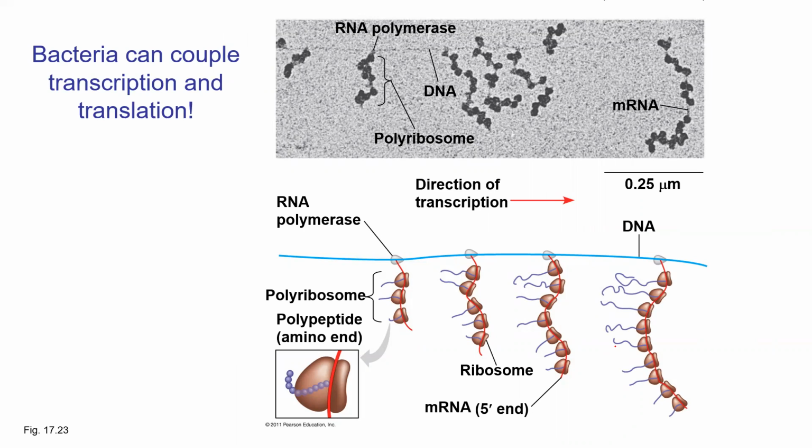You can see that as the RNA is being made, ribosomes also bind to that RNA and make proteins long before the RNA is actually finished being made. So we have to be super efficient if you're in a bacterial cell, because we don't want to waste a whole bunch of resources.